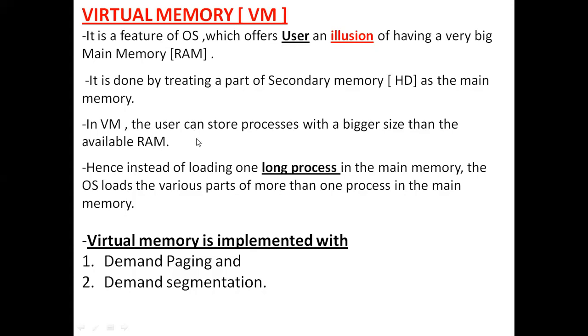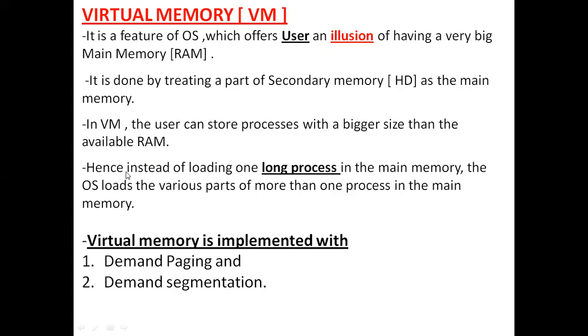Even then, I can execute a bigger process in a smaller RAM. How is it done actually? How are we able to execute a 2 GB program in 1 GB of RAM? There lies the actual concept of virtual memory.